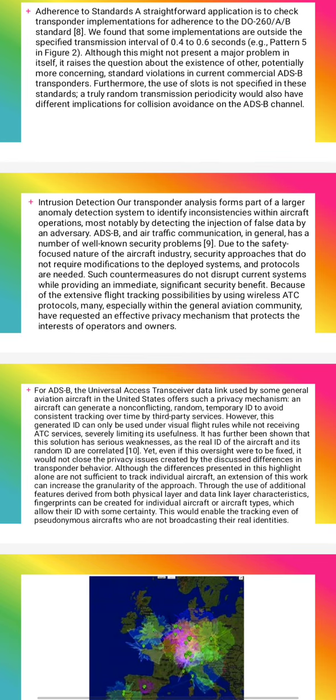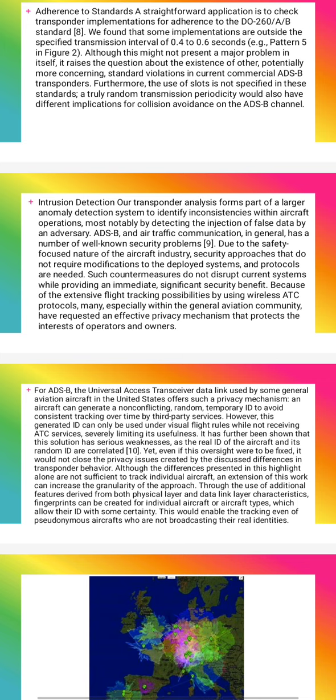For ADS-B, the Universal Access Transceiver data link used by some general aviation aircraft in the United States offers such a privacy mechanism. An aircraft can generate a non-conflicting random temporary ID to avoid constant tracking over time by third-party services.